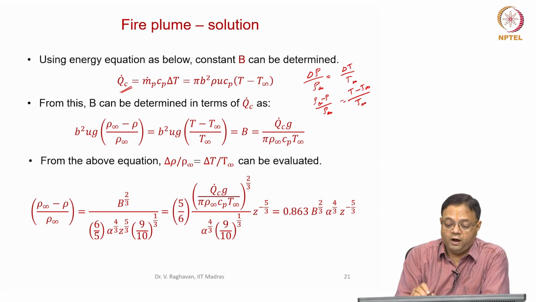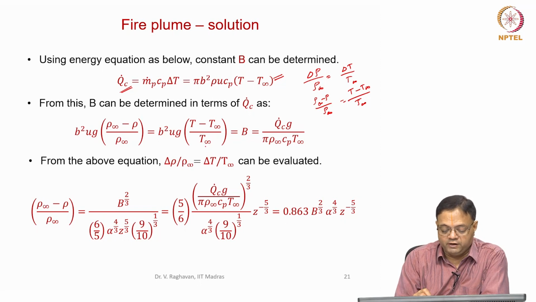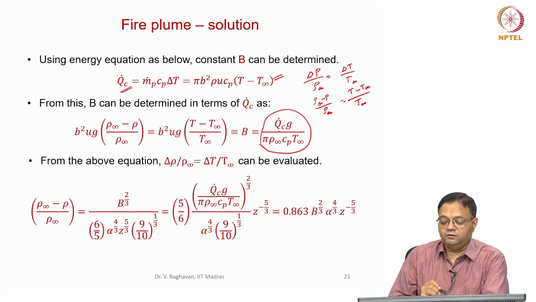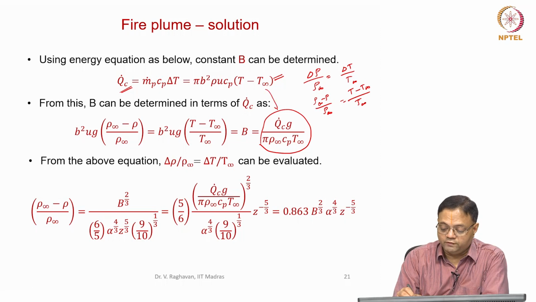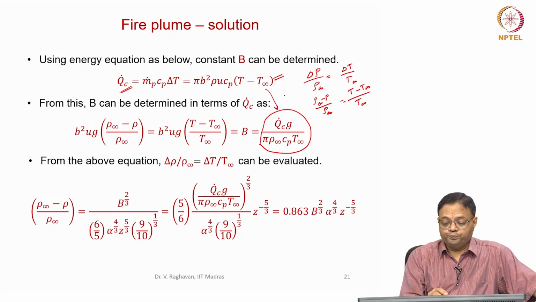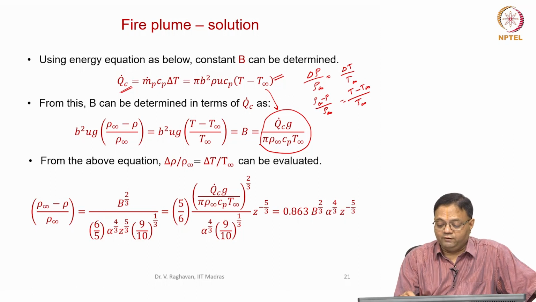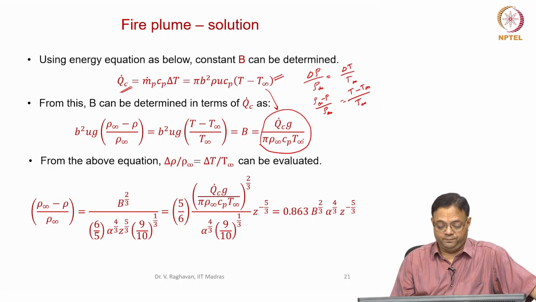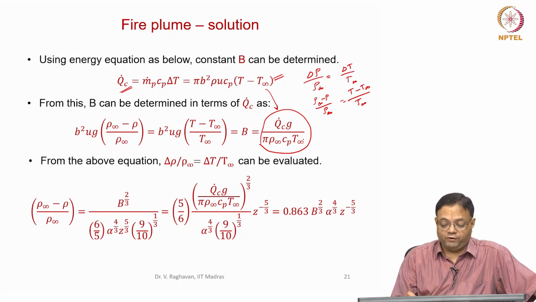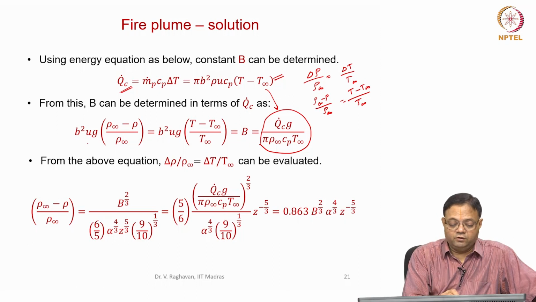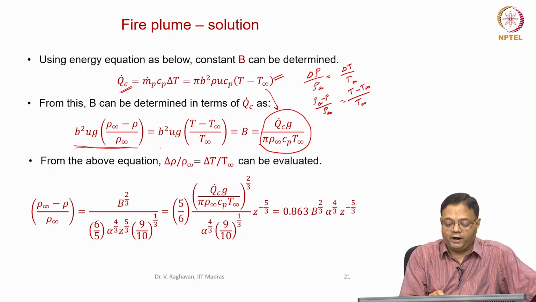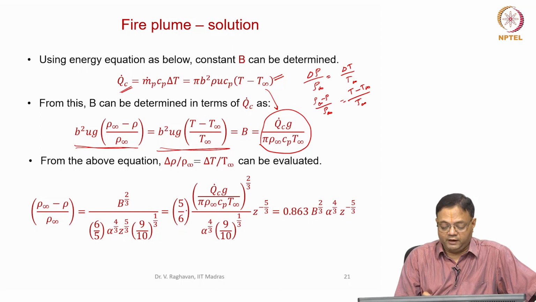So that is what the expression here is. So now from this I try to write the ratio of T minus T infinity by T infinity in terms of this, from this equation. So substitute this equation and get this equation. So now I get the value of B as Q dot C G by pi rho infinity Cp T infinity. Do you understand? Either I write in terms of rho or I write the buoyancy in terms of delta T by T infinity.